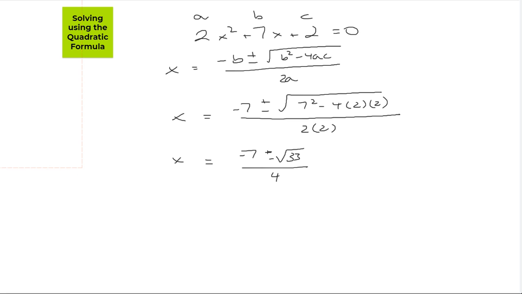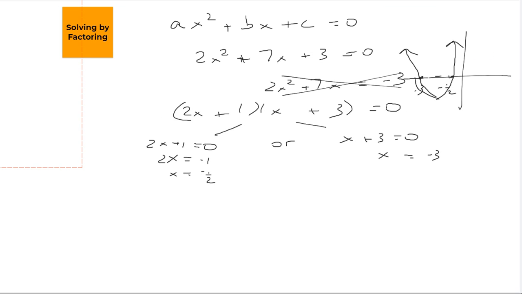If we go back to the previous page and try to do this same question, but with the quadratic formula, we would get the same answer. So I'm just going to use a different pen. x is -b plus or minus the square root of b squared minus 4ac over 2a.